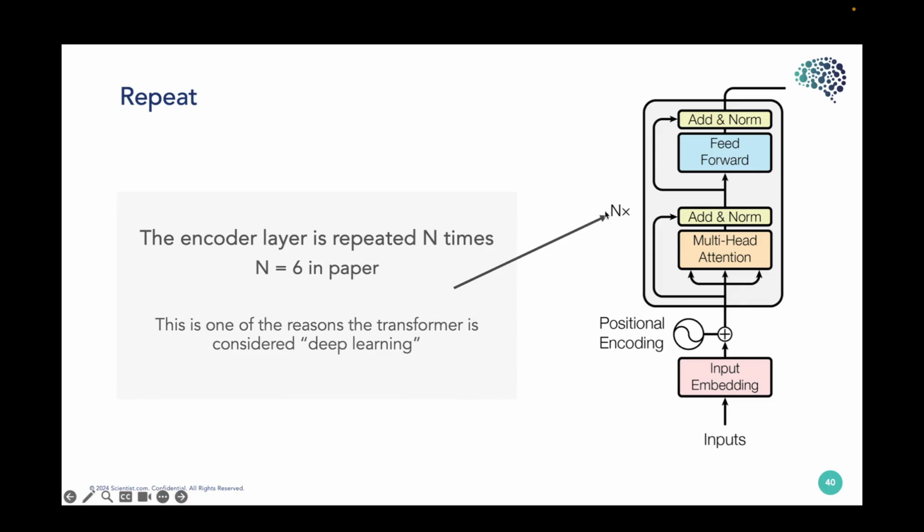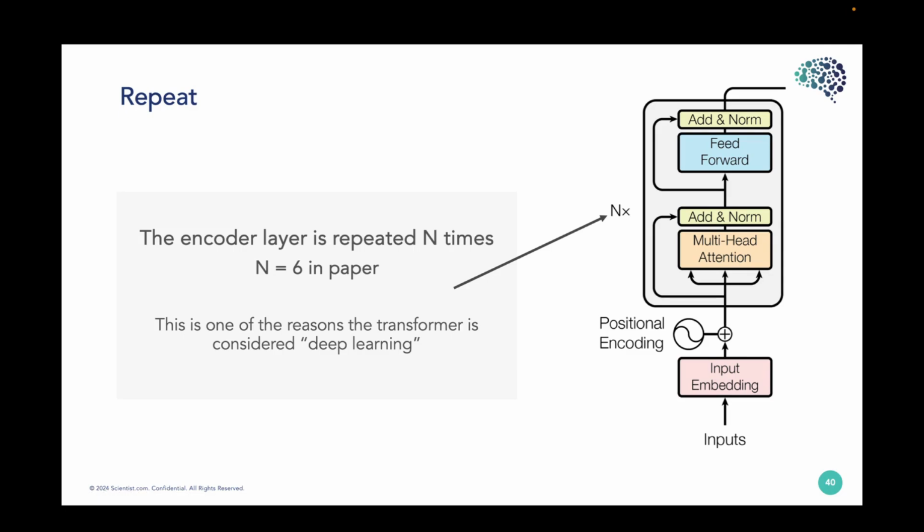You basically run through your encoder. Now you will notice there's this n times nomenclature here. You actually run through the encoder 6 times. So the matrix that comes out of this final add and norm step, you're going to feed it right back into multi-head attention. You're going to do that 6 times. Every time through has its own set of weights. Right?